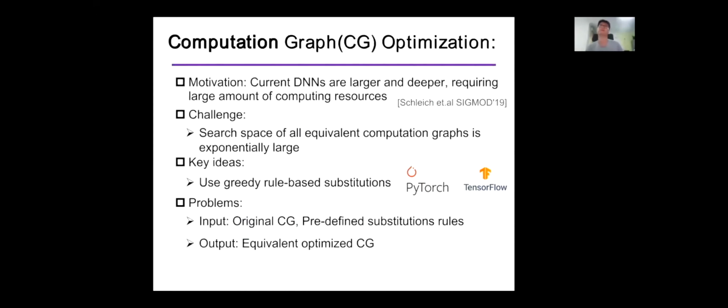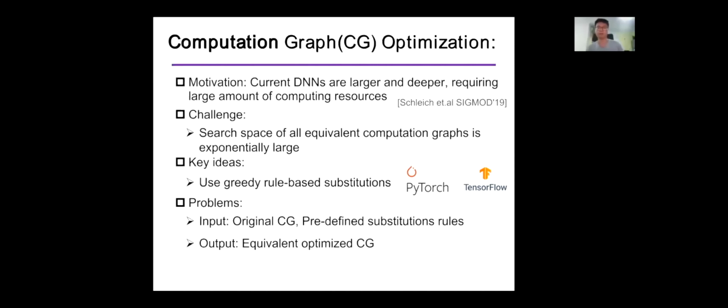Then let's talk about a more high-level optimization, computation graph optimization. In this part, many typical deep neural network architectures have become larger and deeper, requiring a large amount of computation resources. To solve this, it's natural to optimize the computations in a CNN, which is defined as a computation graph of mathematical operators.